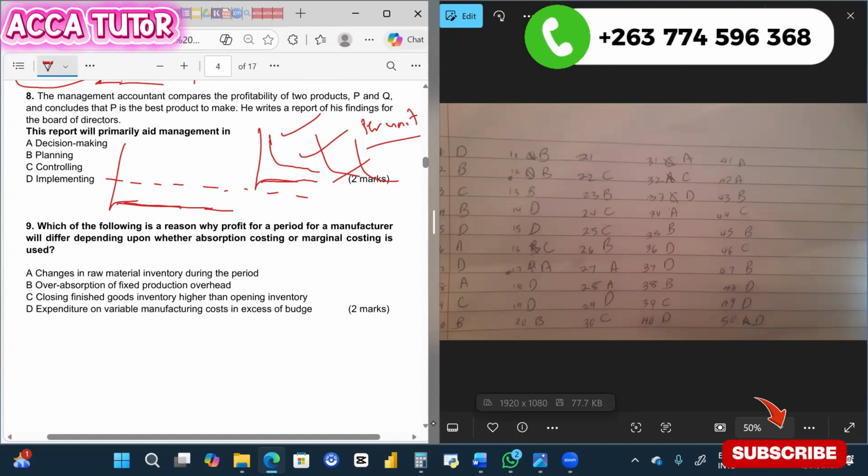Which of the following is a reason why profit for a period for a manufacturer will differ depending upon whether absorption costing or marginal costing is used?